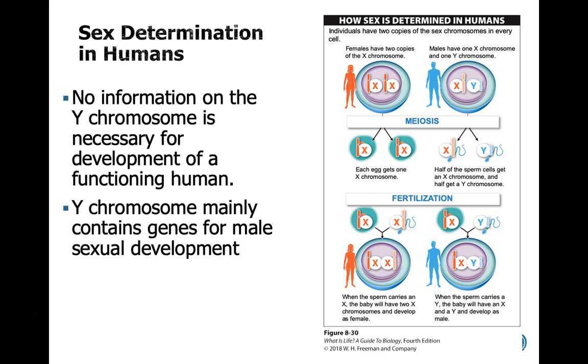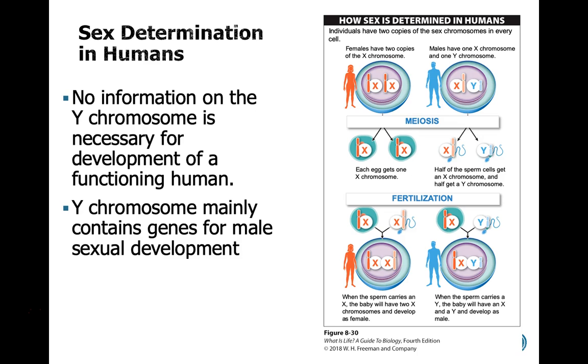What it is essential for is all of the genes that encode the development of the testes, sperm production, things like that. So a female who doesn't have that Y chromosome is going to develop ovaries, breasts, things like that, and then because of the presence of a Y chromosome in a male, basically those female characteristics are suppressed and the male sexual characteristics develop.